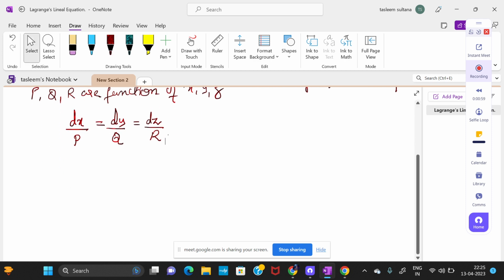With the steps involved here, the first step is to write the auxiliary equation.